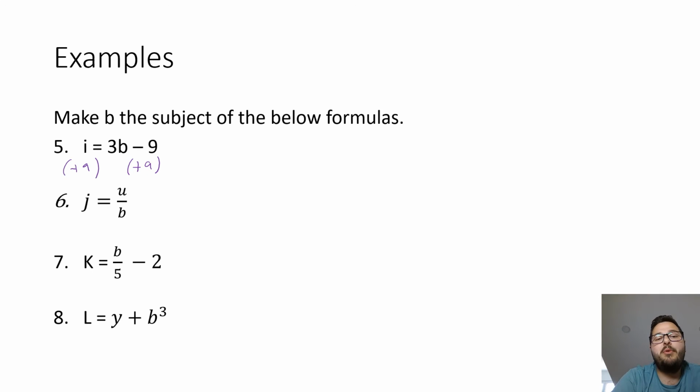I'm actually going to swap them as well, so before I do anything, let's just write 3b minus 9 equals I. I've not done anything apart from put them on different sides so that we've got our letter on the left, which a lot of people prefer. So let's add the 9 to both sides. That will leave us with 3b equals I plus 9. And then from there we just want to divide both sides by 3 and we'll end up with b equals I plus 9 over 3.